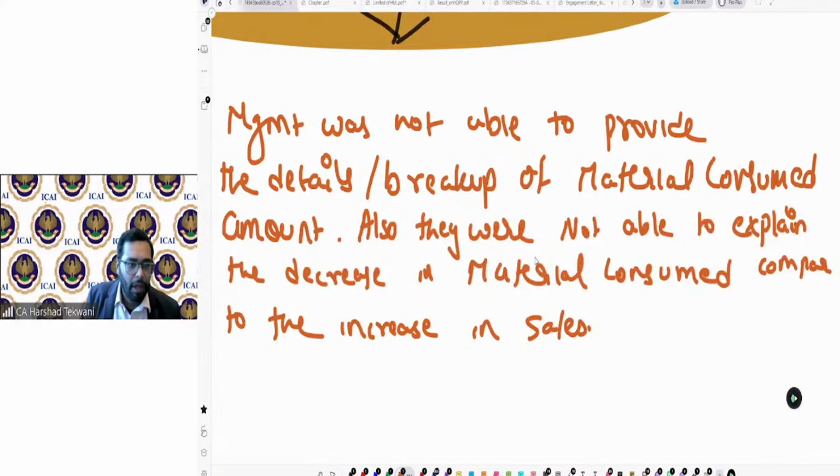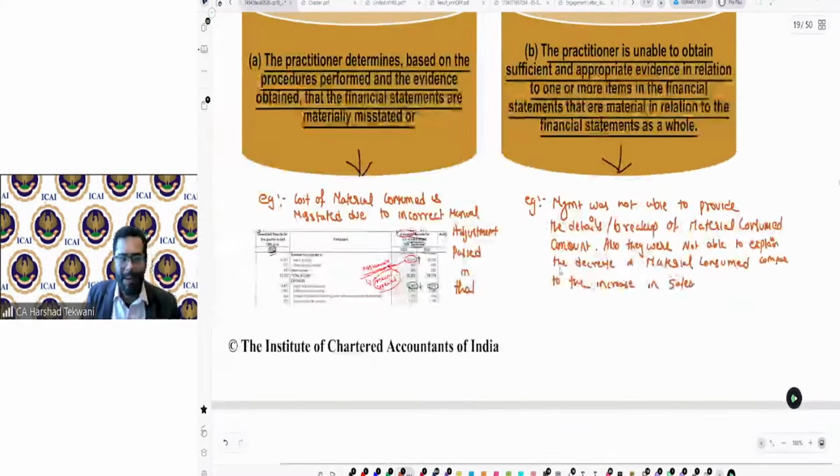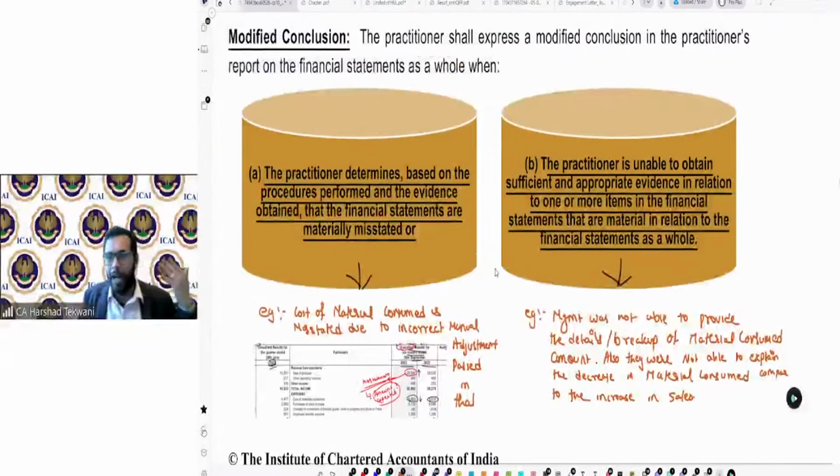Okay. Similar example. On one hand I'm saying I'm able to obtain the evidence. On another hand, I'm not able to obtain sufficient evidence.